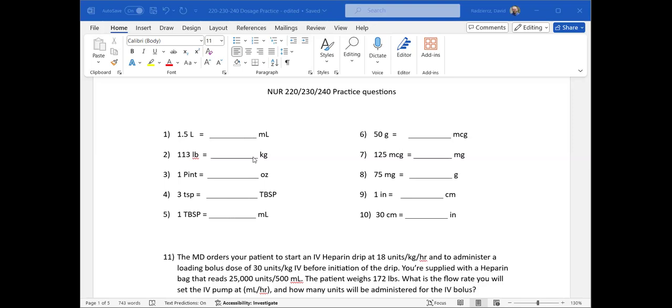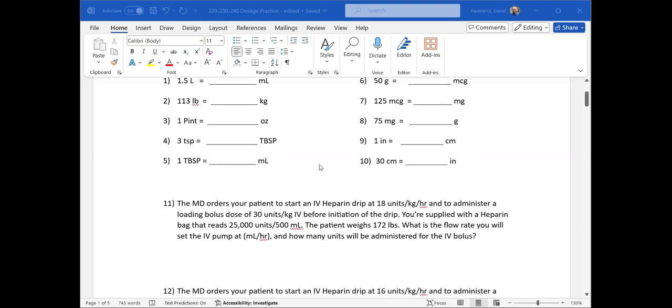In fact, in these first like 10 questions, you typically are not going to round if it's just a metric to metric conversion. But if you are going from centimeters to inches, inches to centimeters, tablespoons to milliliters, pounds to kilograms, then you would round to the nearest tenth if you need to. A lot of times you don't need to, but typically you do with pounds to kilograms because you're dividing by 2.2, and that doesn't typically end in a whole number.